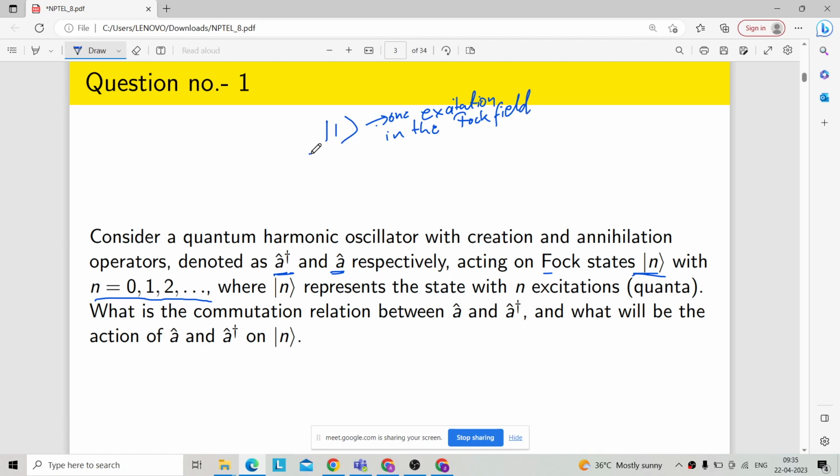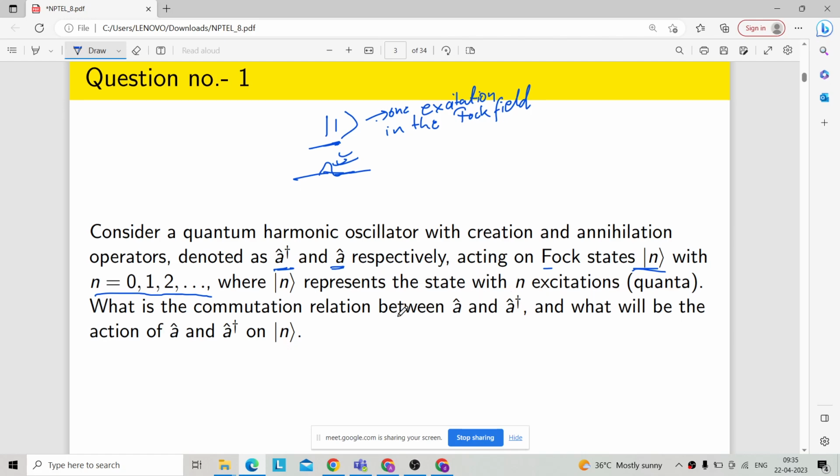That means one particle is manifested in the field. So you can say there is one particle present in this field, with an excitation or quantum.